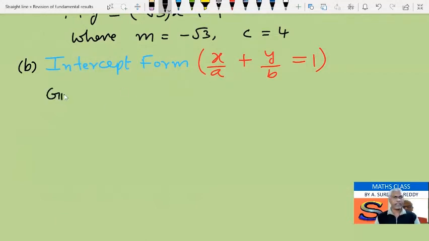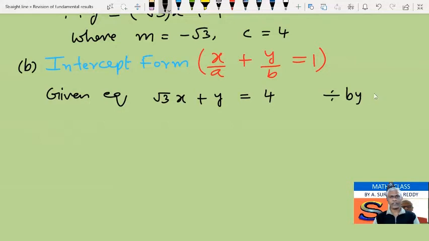Now let us write the given equation as root 3x plus y is equal to 4. In intercept form, right side value is 1. So to make right side value 1, we have to divide the entire equation by 4.